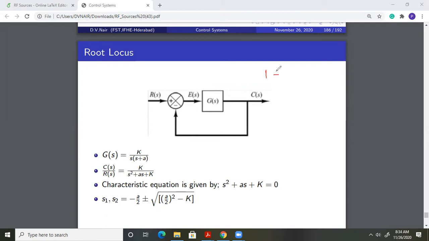The characteristic equation for the closed loop system will be 1 plus G S H S equal to 0. And when we put the values of G S and H S, G S is K upon S into S plus A.